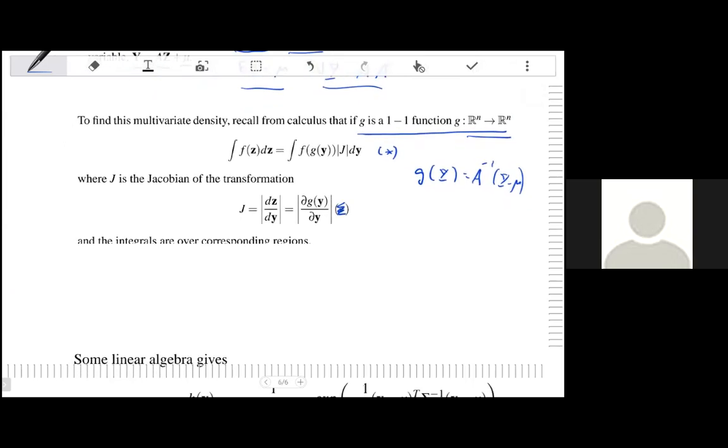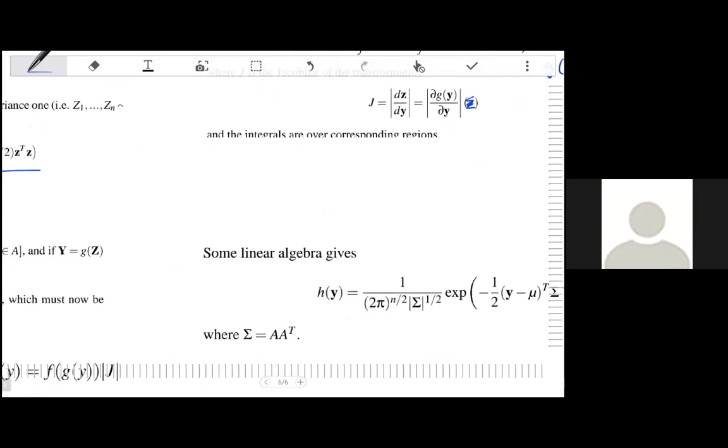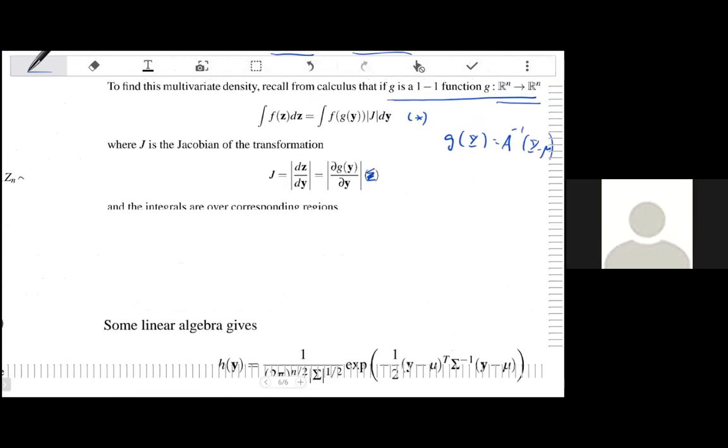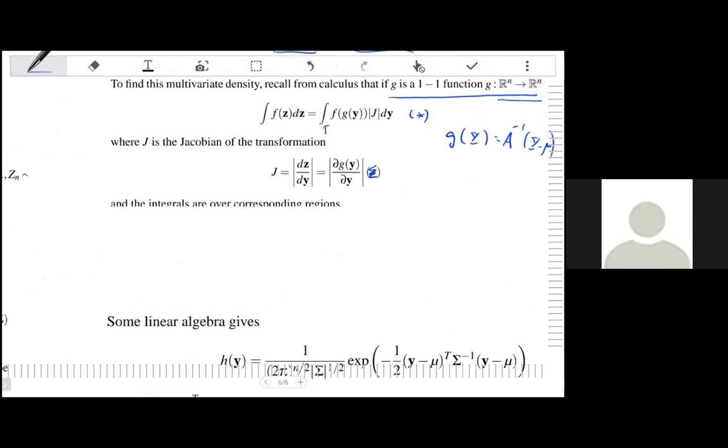And so this will typically be an integral over some set B for y. So if this is an integral over set B, then this has to be the corresponding set on the left-hand side, for when y is in B, Z is in some other set.